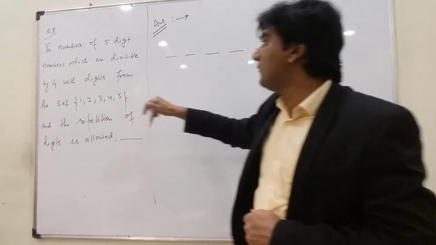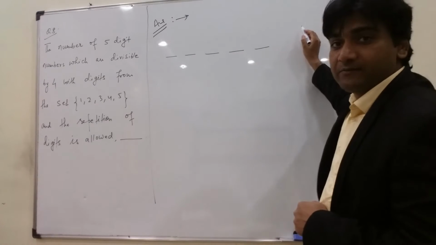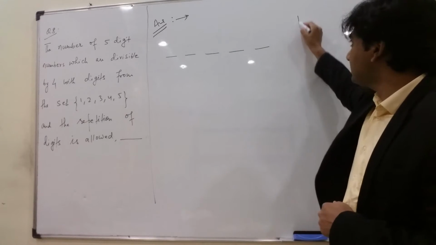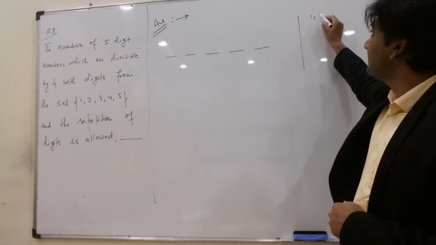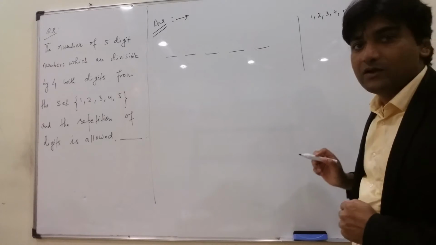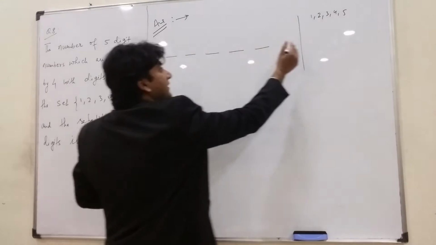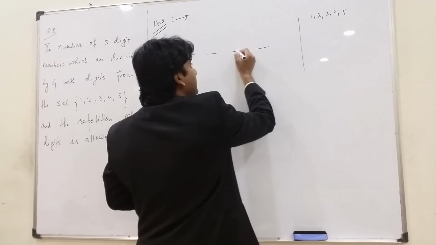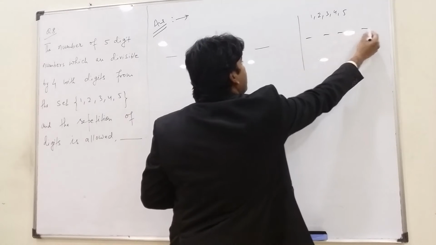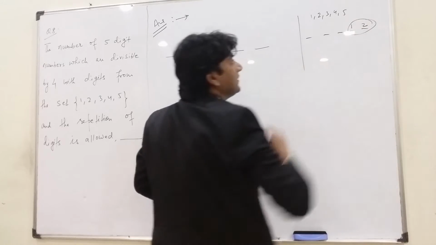For example, we have the digits 1, 2, 3, 4 and 5. Here I am trying to form such numbers. If I write here 1 and 2, then it will be 12.